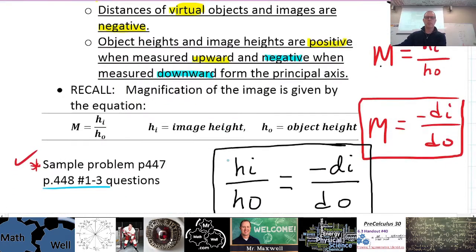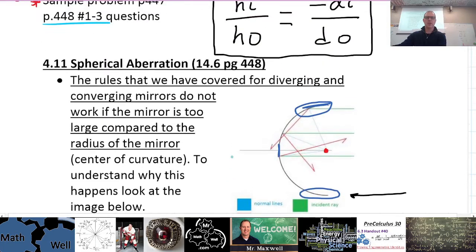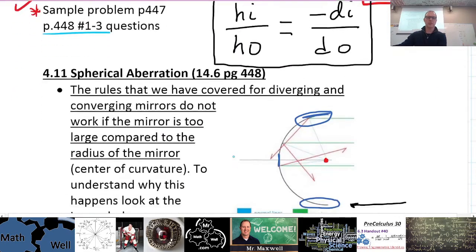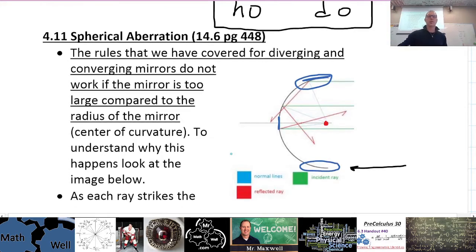But let me talk to you about spherical aberration before we get into doing those questions. So spherical aberration, the rules that we have covered for diverging and converging mirrors do not work if the mirror is too large compared to the radius of the mirror. So think about a curved mirror. If we have a center of curvature, that would mean the mirror is literally a part of a circle, right?